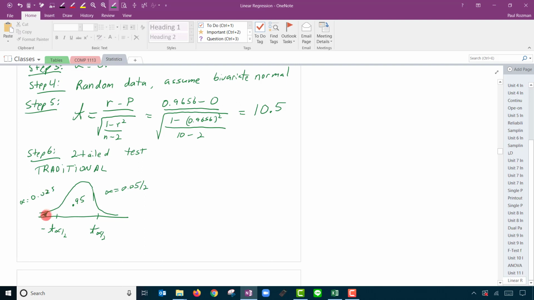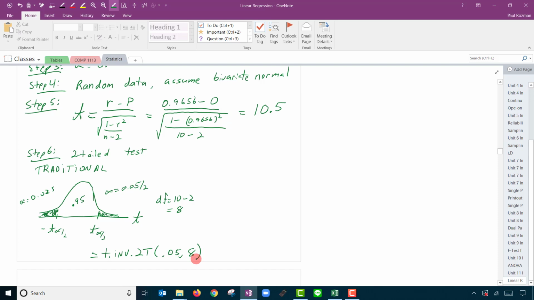And that's the area underneath the T distribution. The degrees of freedom are 10 minus 2, which are 8. And now we just have to look up these values in our T table, or we could calculate them in Excel, T.INV.2T, and then you put in alpha and your degrees of freedom.